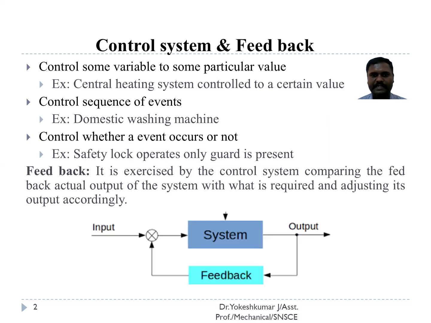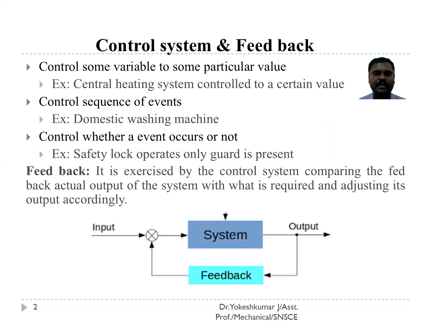After that, the next event is a rinsing cycle, then a twisting cycle. So these events are sequenced according to the requirement, the type of the cloth, and the temperature conditions. So this is the control system which is used for controlling the sequence of events.